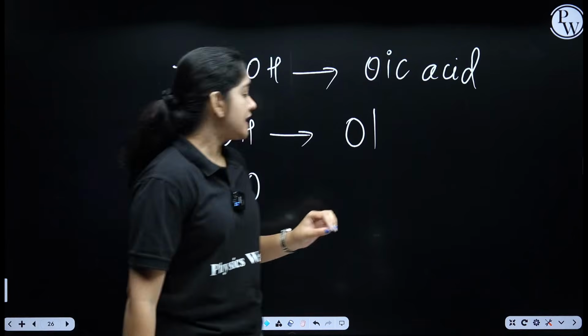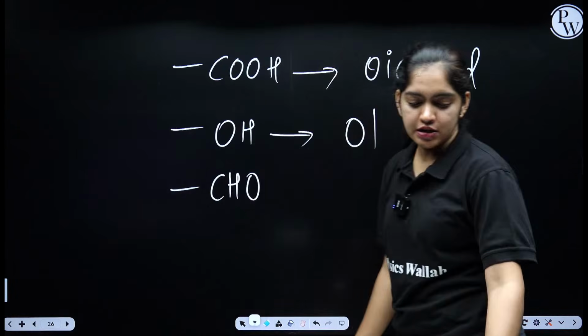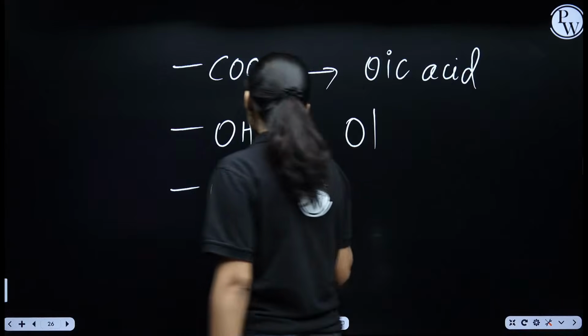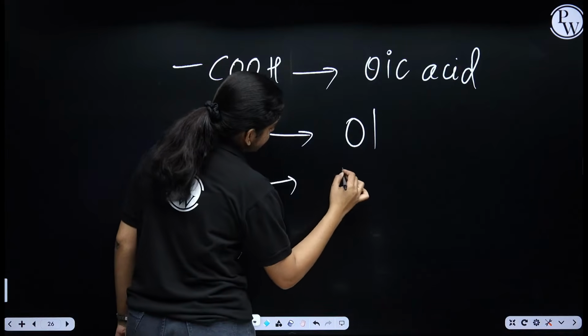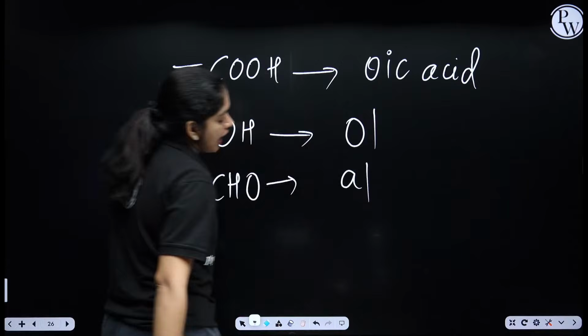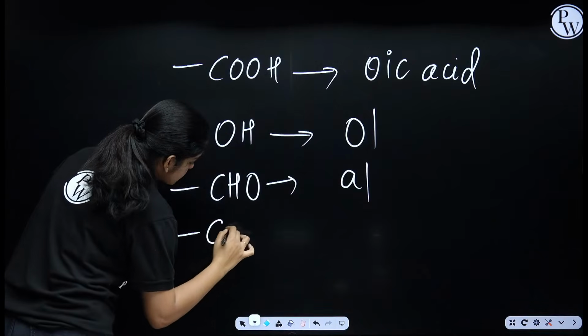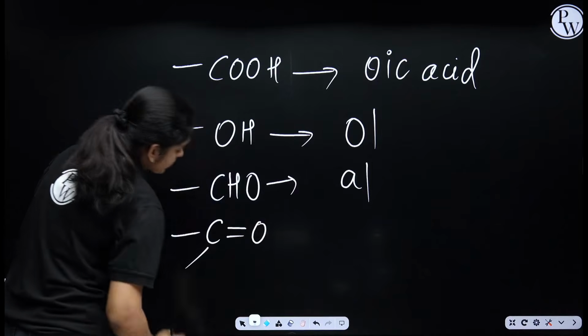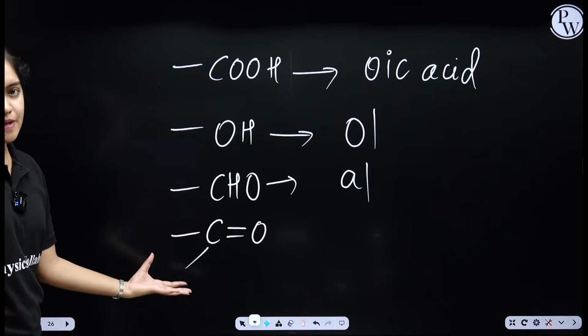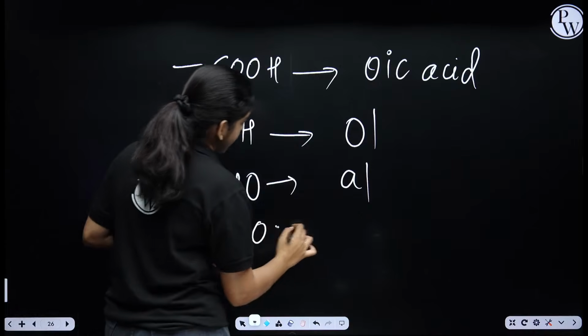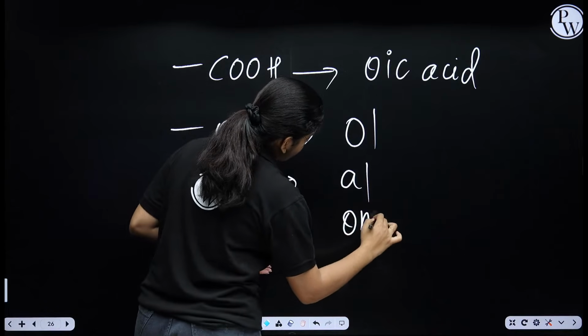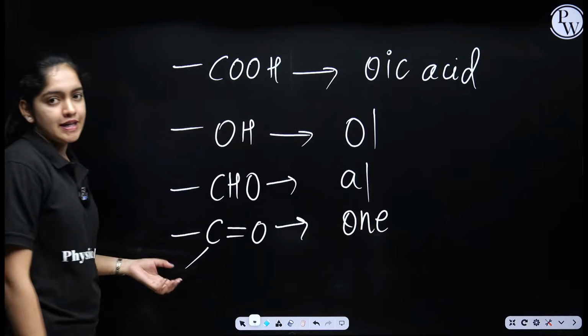CHO means the aldehyde functional group, and the name will end with al. The next one is ketone, C double bond O. It is known as the ketone functional group, and the name will end with O-N-E, pronounced like on, ketone.